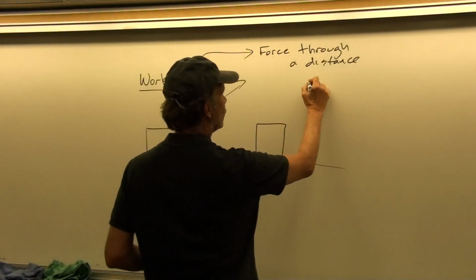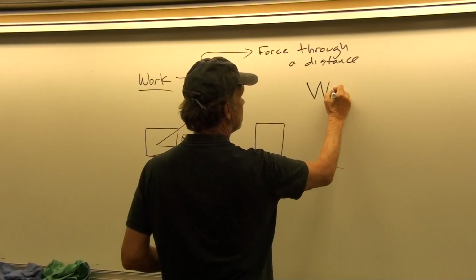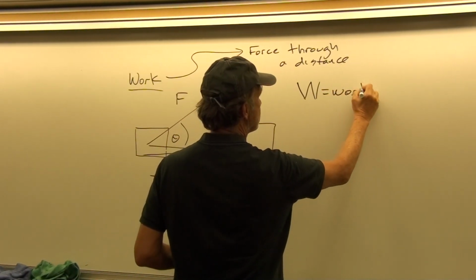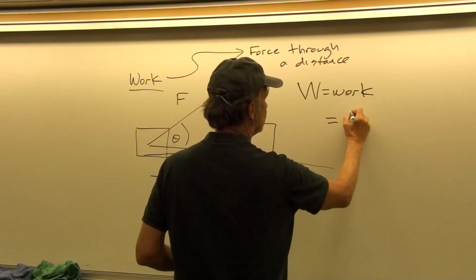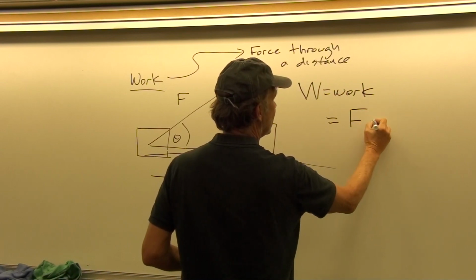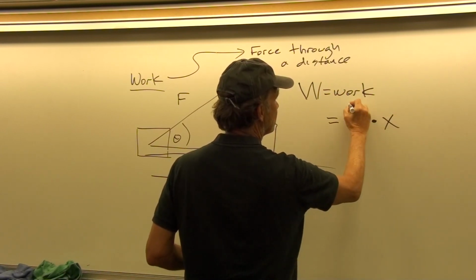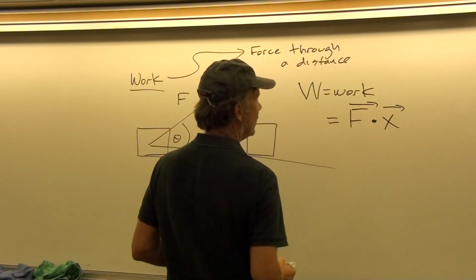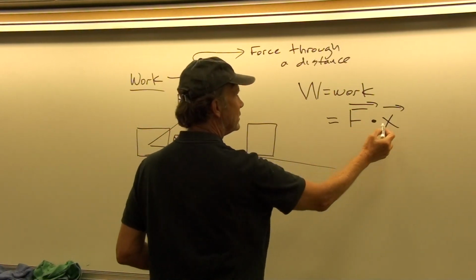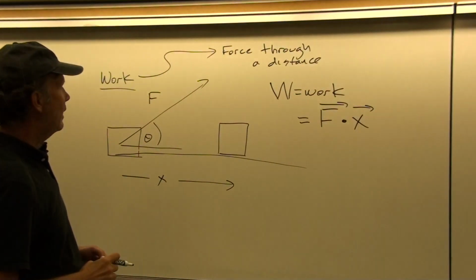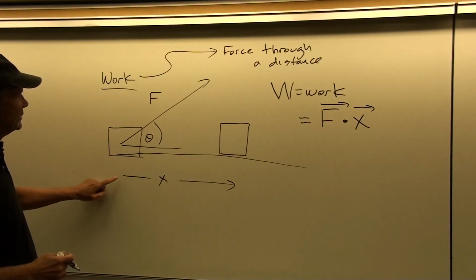So if we define work by the symbol W, we can set that equal to F dot X, where this is a dot product between a force vector and a displacement vector.